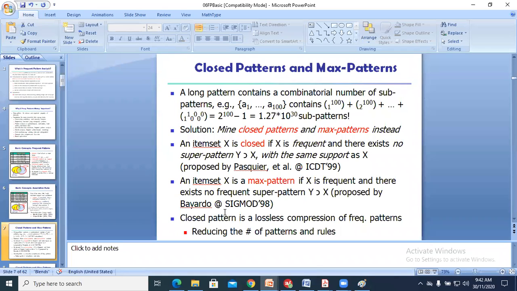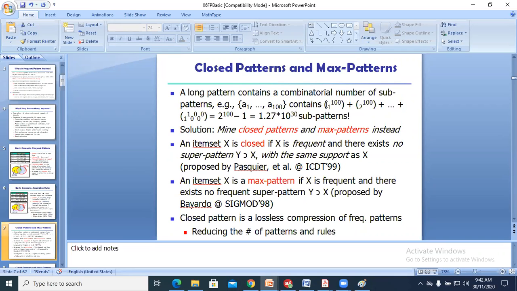Now we have actually seen a very small item set in which we have a few products. But if we consider an item set with 100 products and we are interested in finding the patterns, how many possible patterns are there?